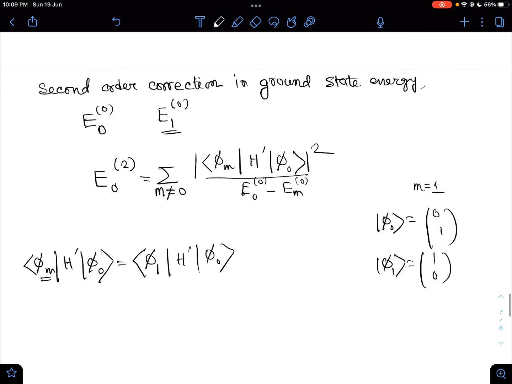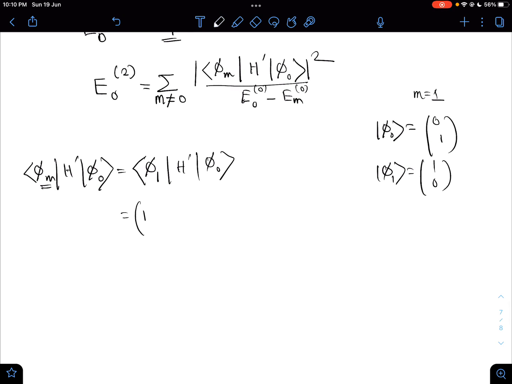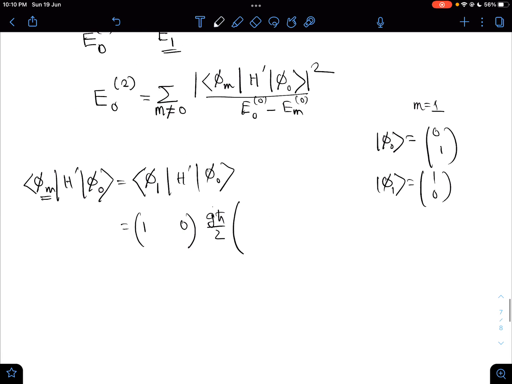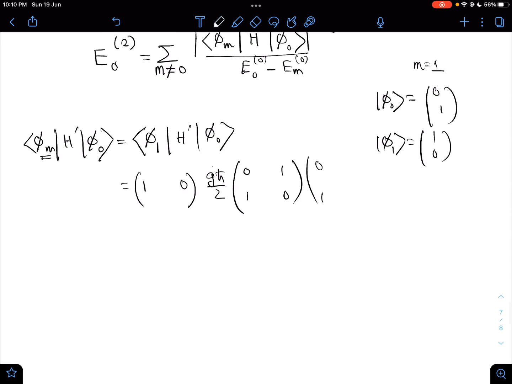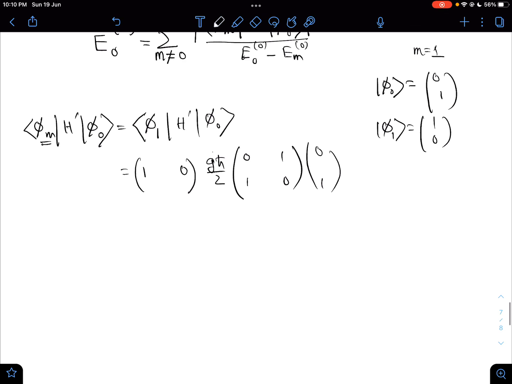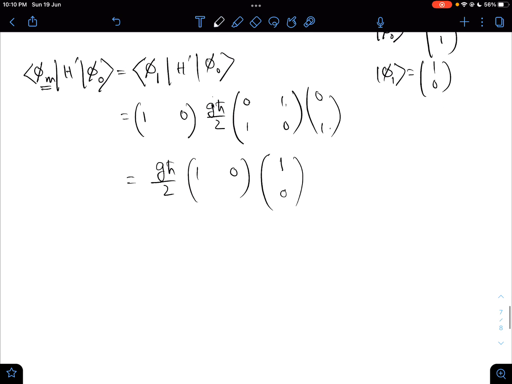So psi 1 can be written as this. H prime is g h cut by 2 times 0 1 1 0, and psi 0 is 0 1. So what will we get? We have g h cut by 2 and 1 0, and this will give us 1 0. So we will get g h cut by 2 and multiply this, so 1. So this is our g h cut by 2.